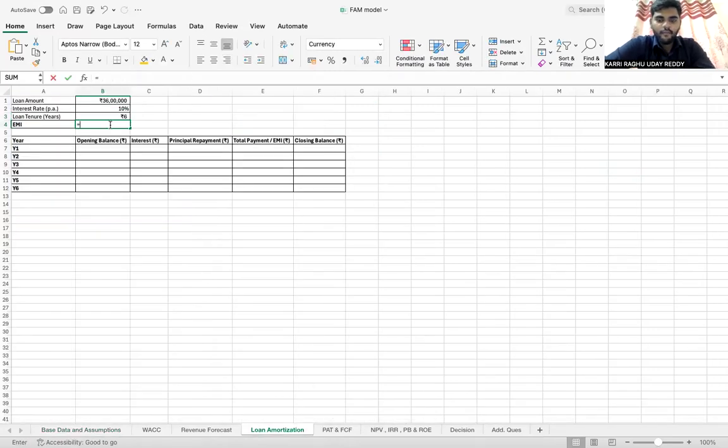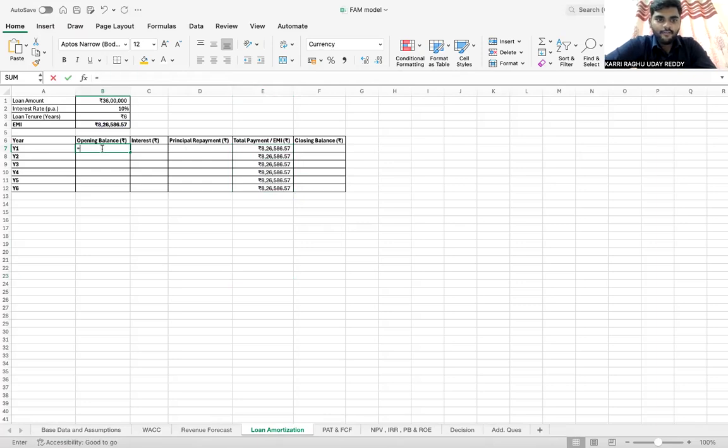So for the calculation of EMI the formula will be PMT, and the rate is 10%, NPER is the number of years, loan tenure 6 years, and the value I'm giving as negative because it is a payment. So I'm getting an EMI value of 8 lakh 26,586. So the total payment value will be equal to this EMI value. The EMI value will not change, same for every year.